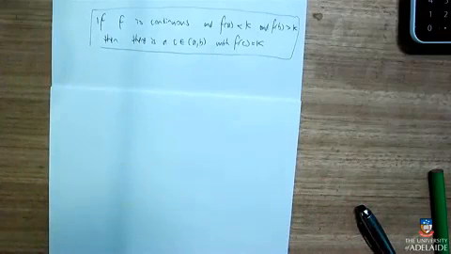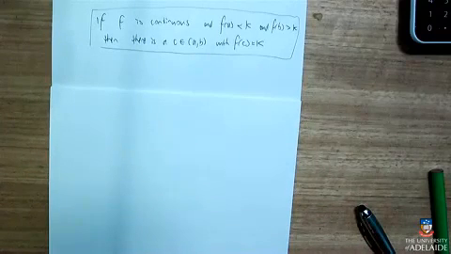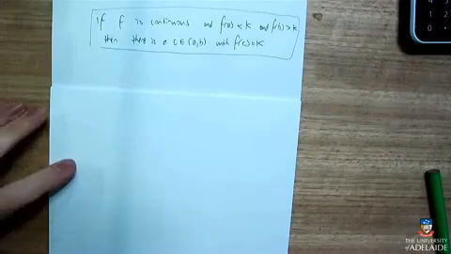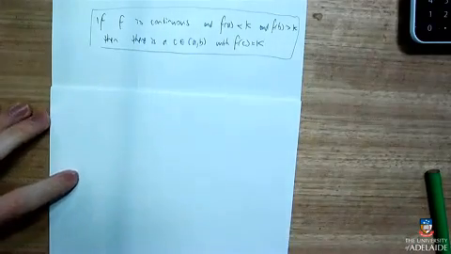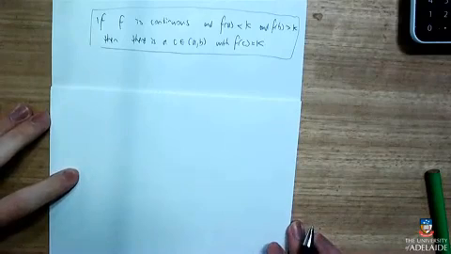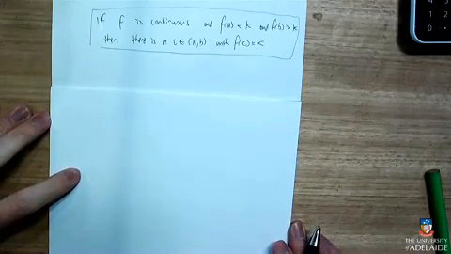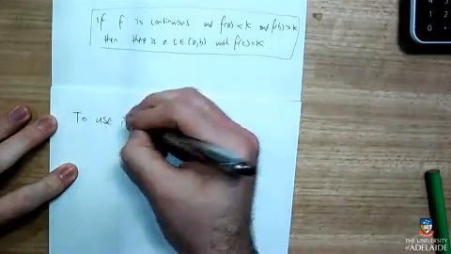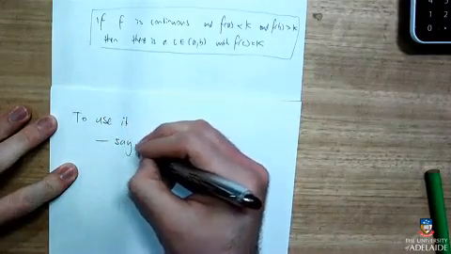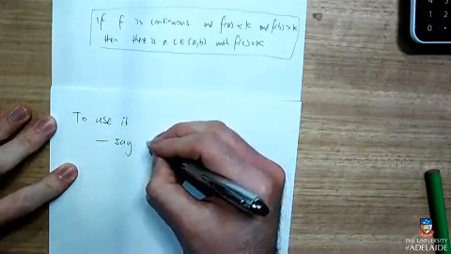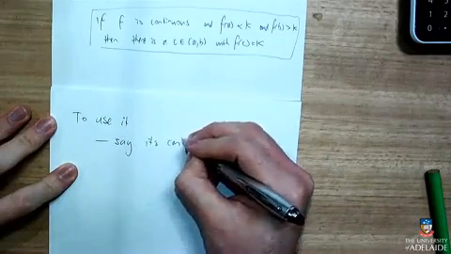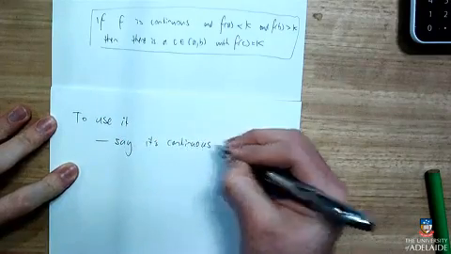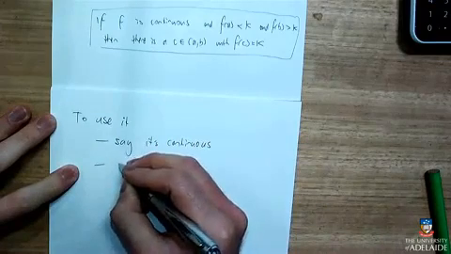Do you have any in particular that you're thinking of? Yeah, so to use it you have to say, or at least prove, that it's continuous. Sometimes you have to make the function yourself.